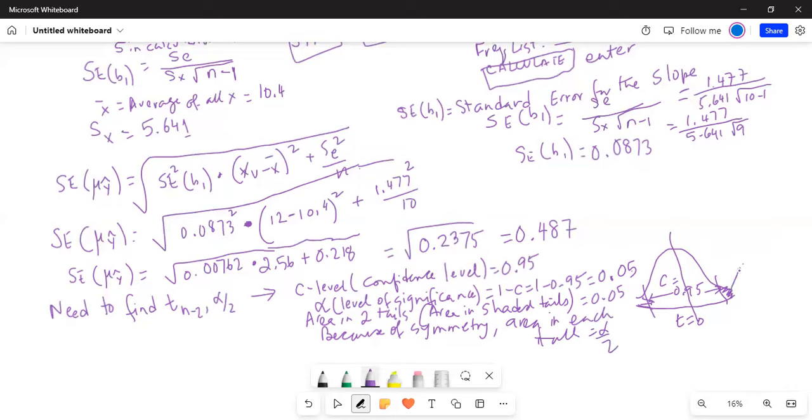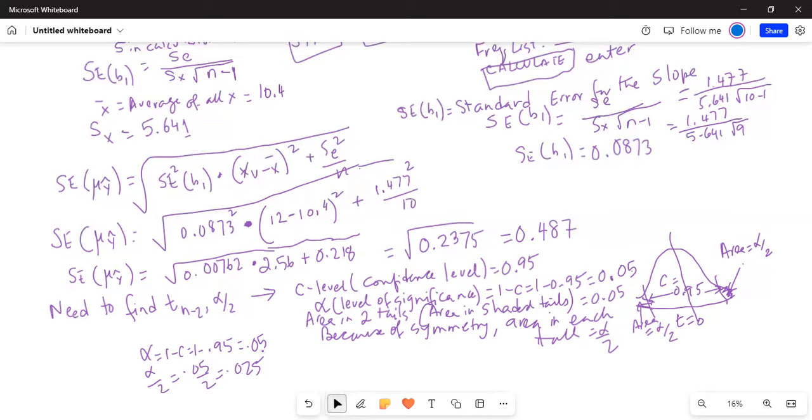So this area is alpha by 2 and this area is also alpha by 2. Now we know alpha is equal to 1 minus C, which is 1 minus 0.95, or 0.05. So alpha by 2 is 0.05 divided by 2, which is 0.025.